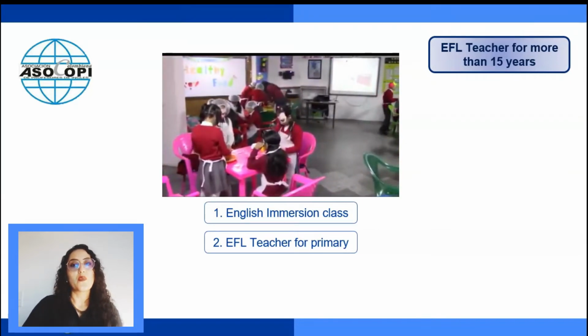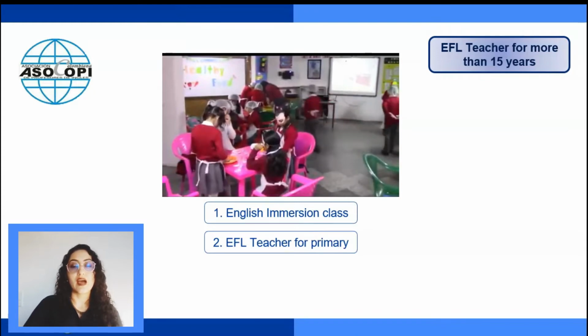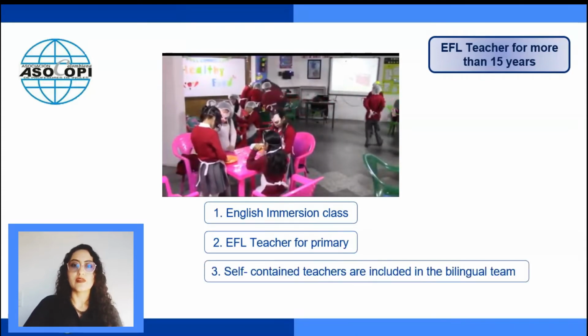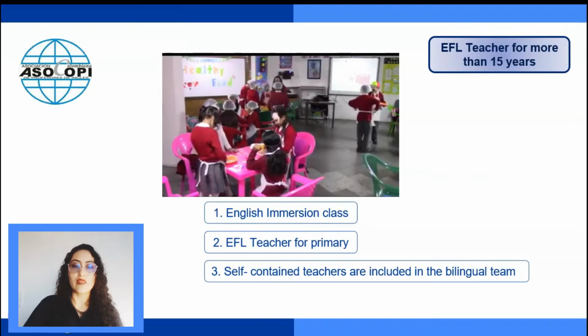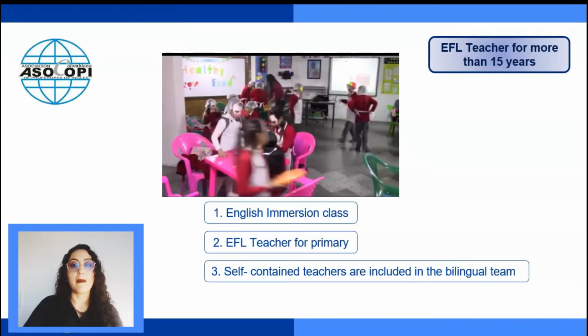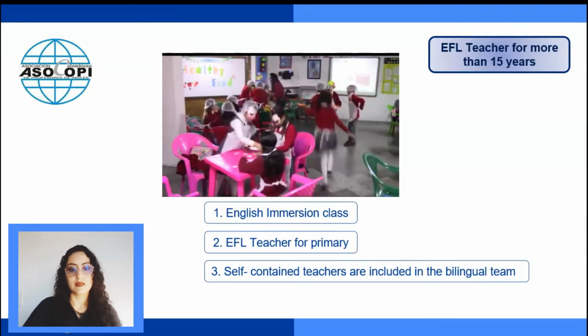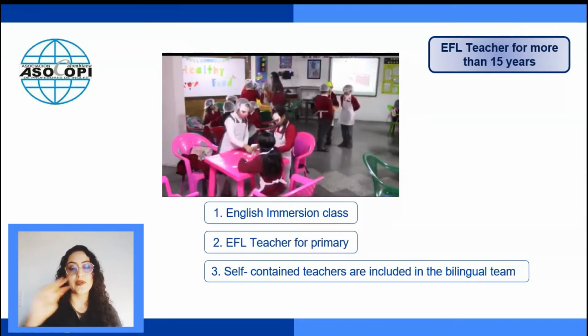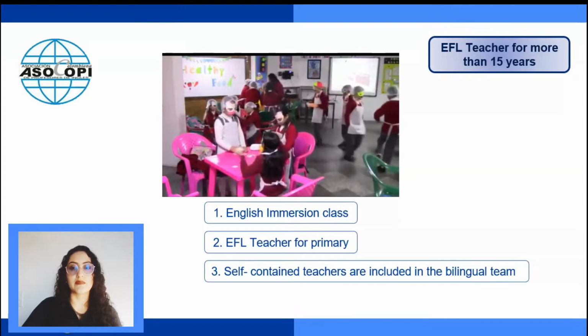Number three, we have the support of the entire community, so we also have included preschool and elementary teachers in the institutional bilingual policy. And number four, we have permanent guidance from the British Council.